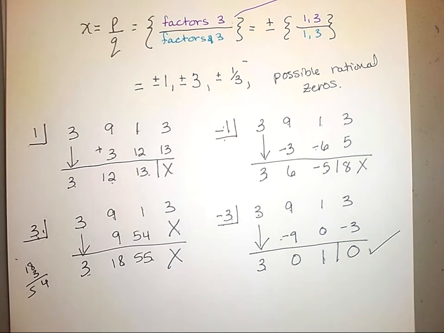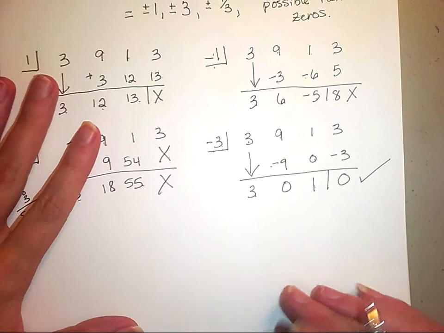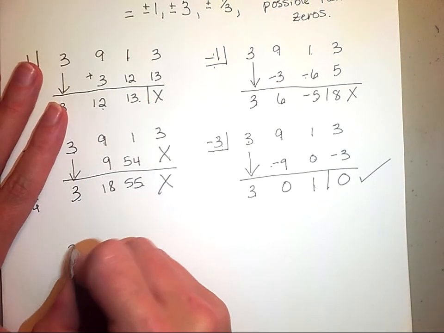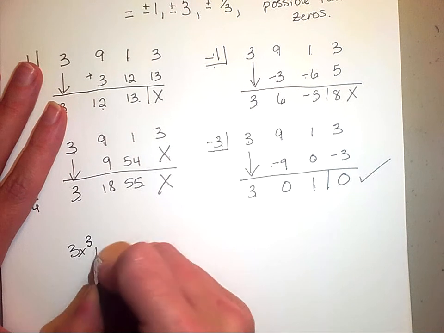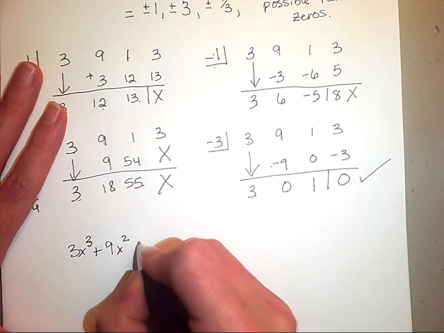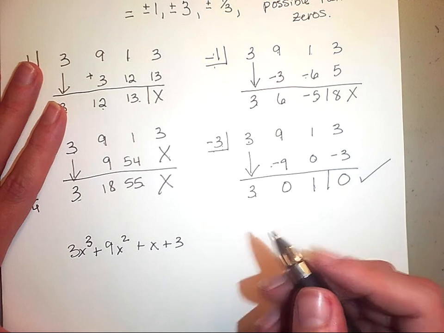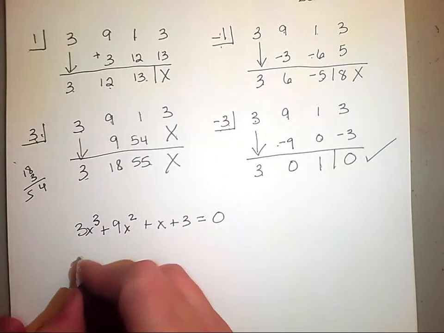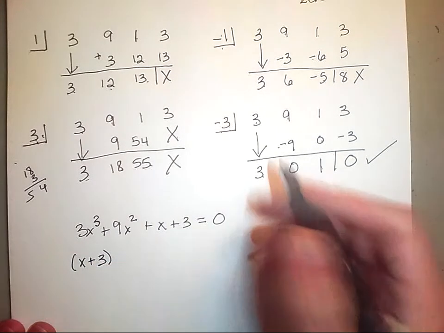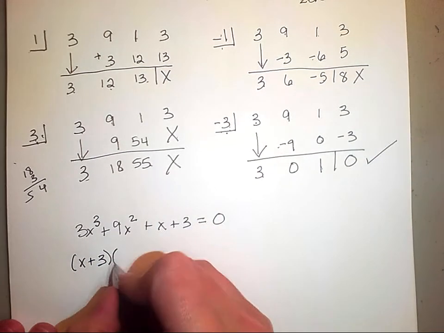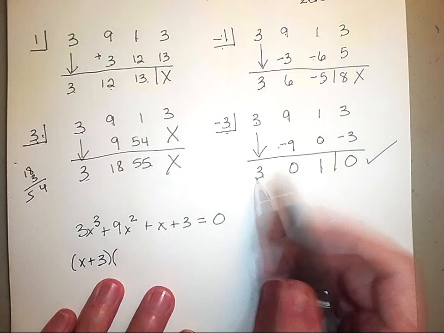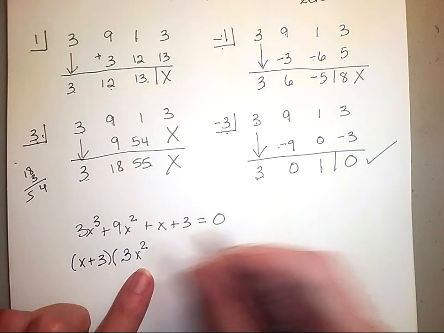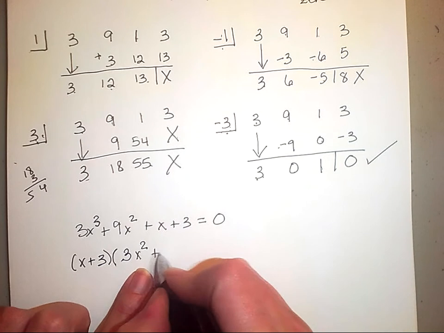Okay. So what that means is that our function, 3x cubed plus 9x squared plus x plus 3, if we were looking for solving it for zeros, what we have then is that x plus 3, because minus 3 is the solution, times, now this will be 1 less than this degree, 3x squared plus 0x plus 1 equals 0.